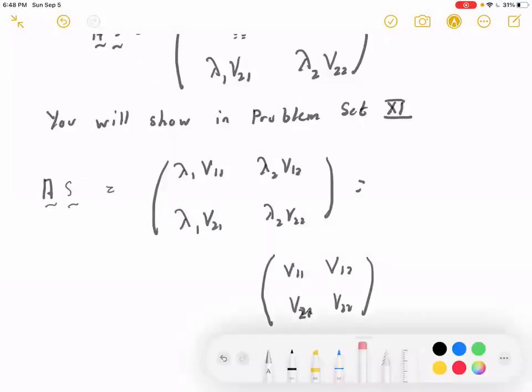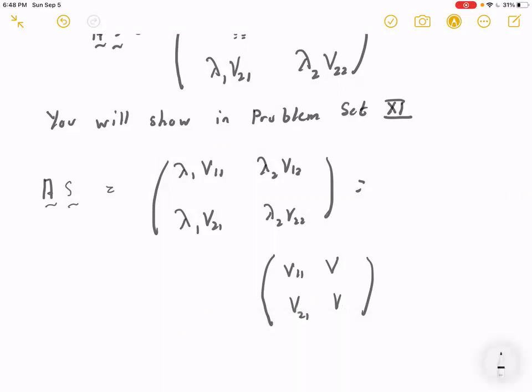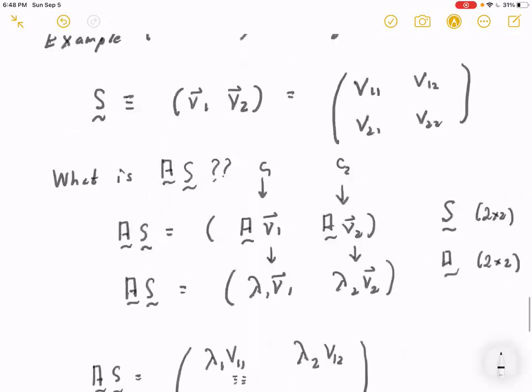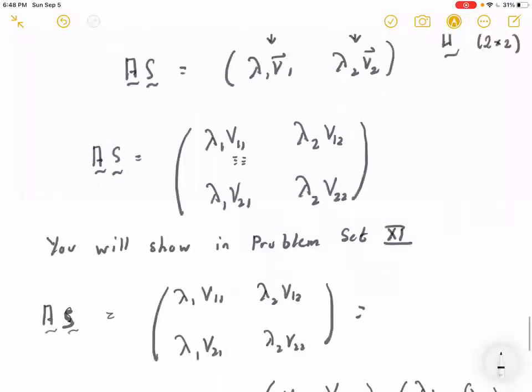Let's clean this up just a bit, right? And this matrix, so this is in fact S. It's the same thing as we did before. It's a matrix whose column vectors are just the eigenvectors of the problem.